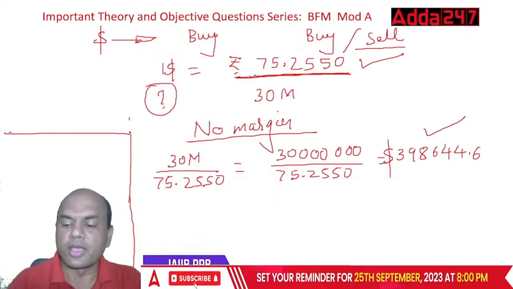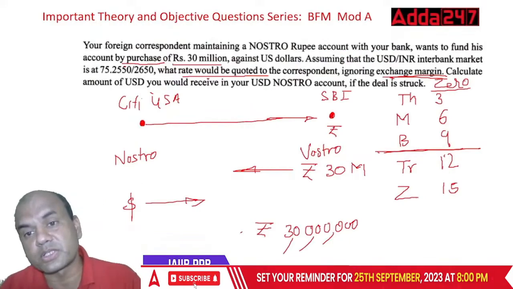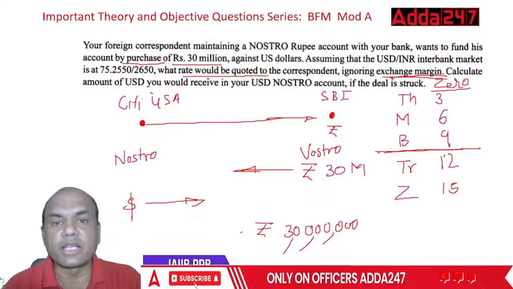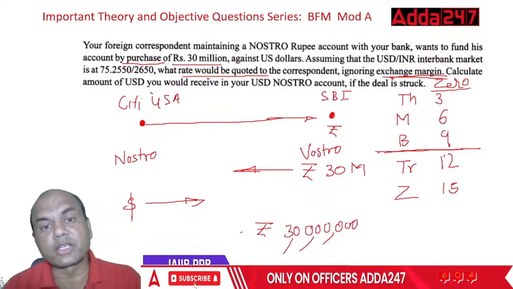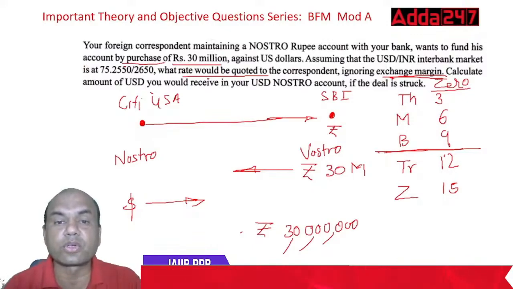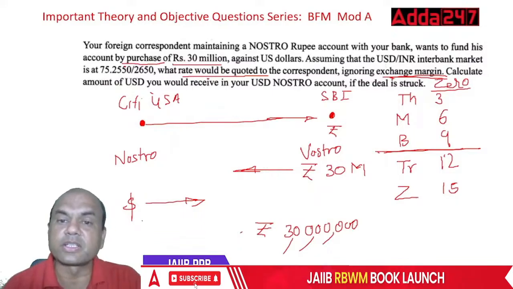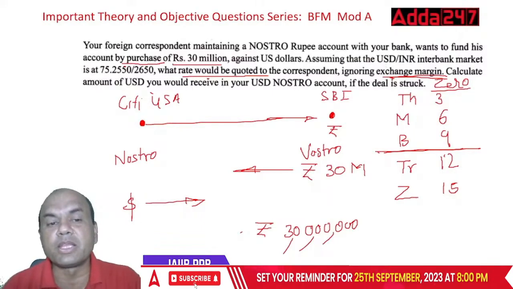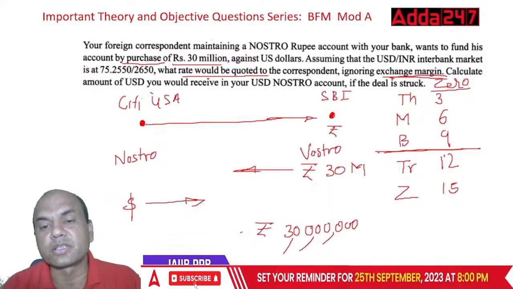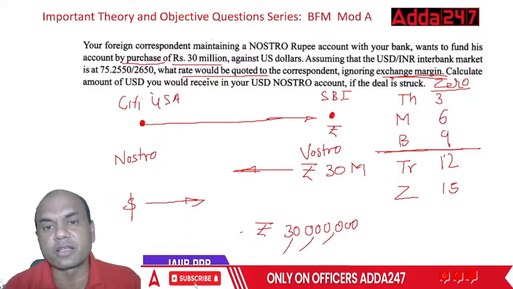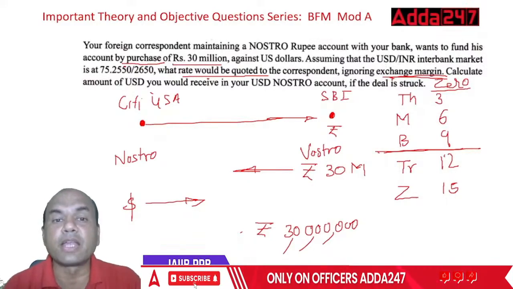In the exam, they might ask you various questions on this. They'll ask whether this account is called Nostro or Vostro. They may also ask what we do for buy or for sale if there is an exchange margin.